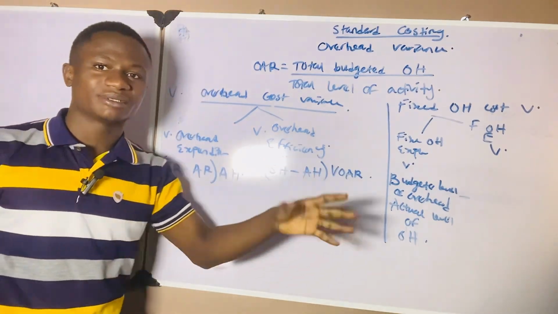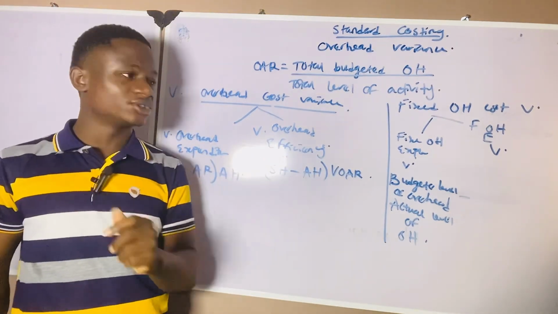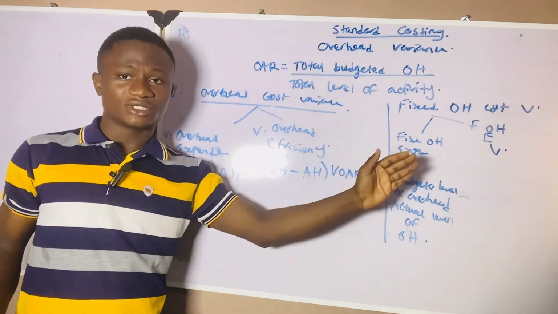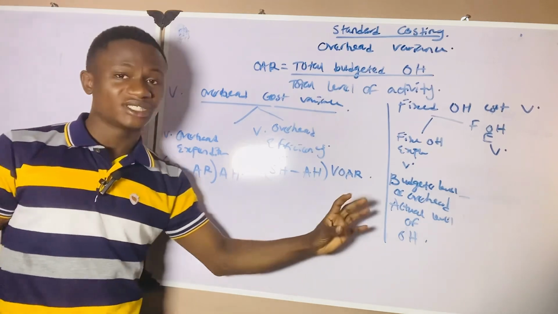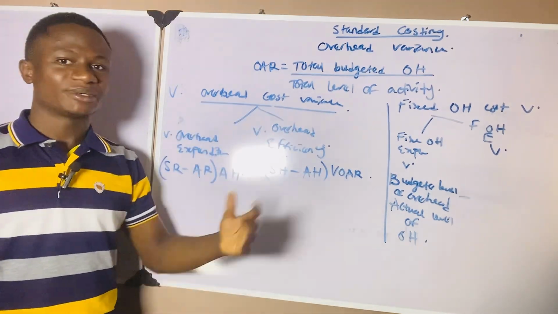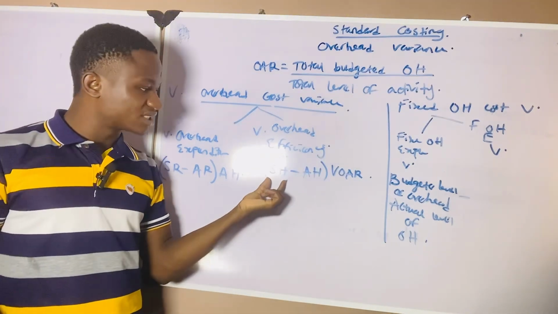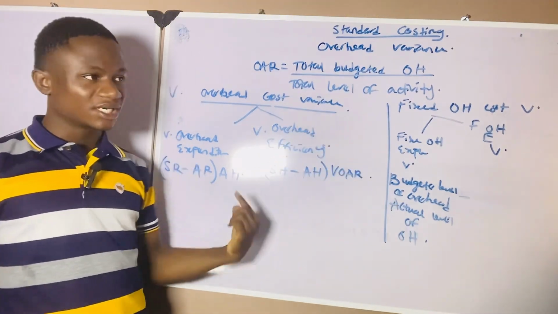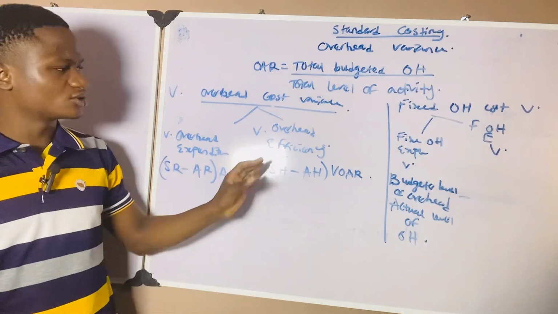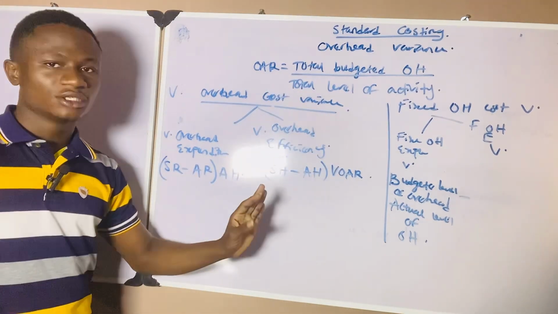If you watch those videos, there's a pattern I explained when solving efficiency variance: I use the standard hours, I multiply by the standard rate. This actually follows the same procedure.